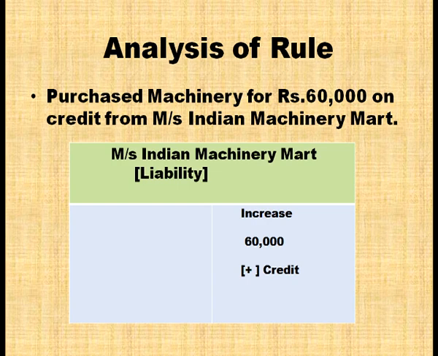Another transaction. Two affected accounts are Machinery account and Messrs Indian Machinery Mart. Machinery being an asset, it is increased. So, machinery account is debited. Messrs Indian Machinery Mart, creditor, liability increases. Rule for liability, when it is increased, it is credited.